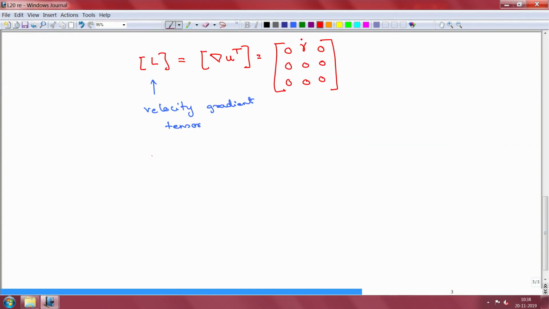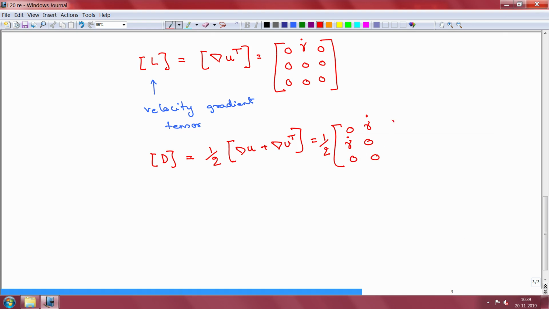Now, in this particular case, if you calculate the strain rate tensor, that is half times the velocity gradient plus its transpose. Now, this will have 2 entries. You will have the half here, and this gamma dot here will also appear here.